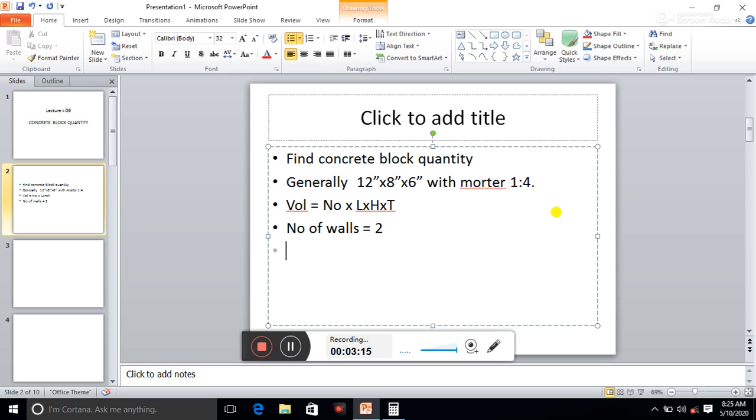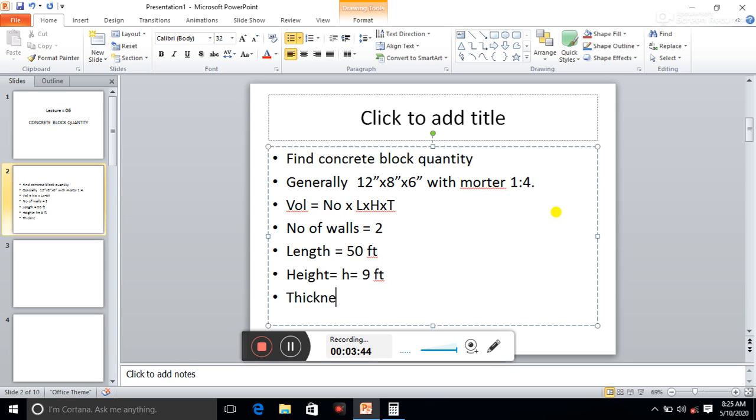Length of each wall is equal to 50 feet, for example, and height is equal to 9 feet.